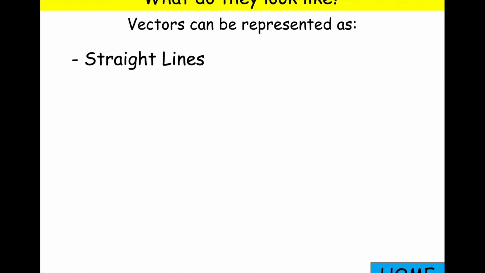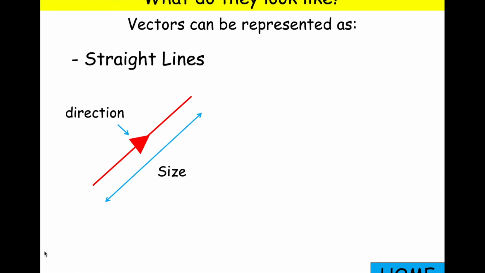So how do we represent vectors? We can represent vectors by a straight line with an arrow which shows direction. But what about the size? Well, in this case, the size would be the length of this line. Also, we can use a column to represent vectors.